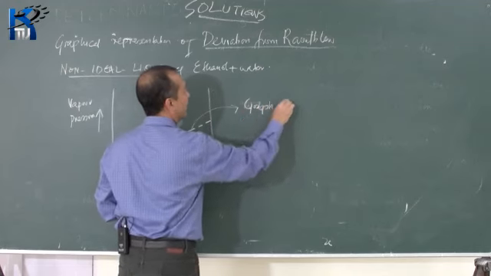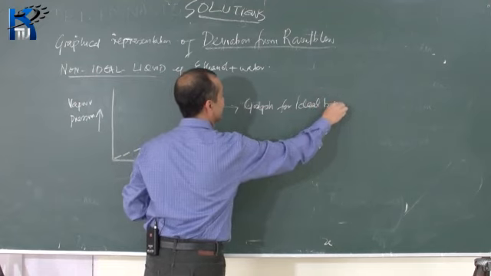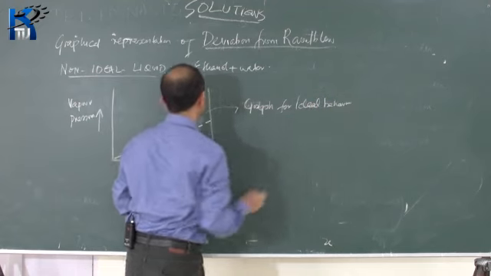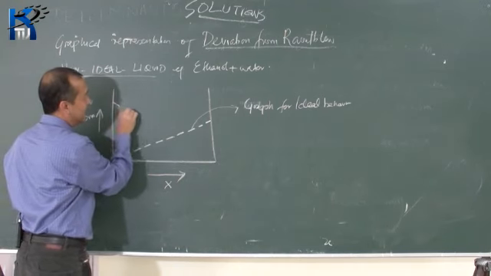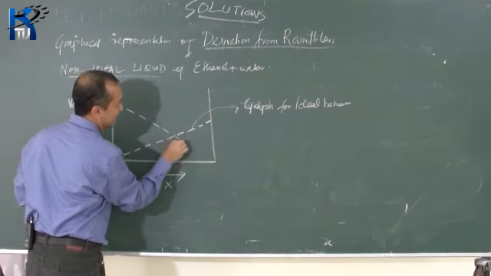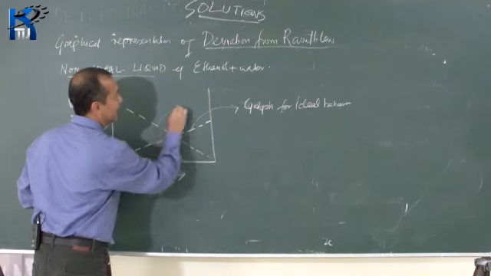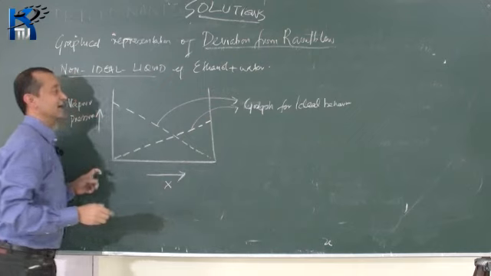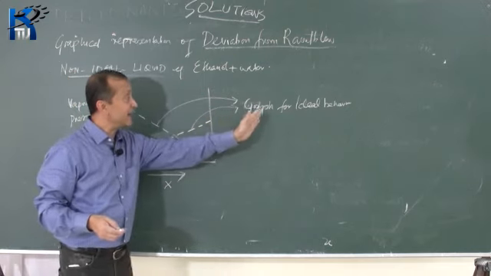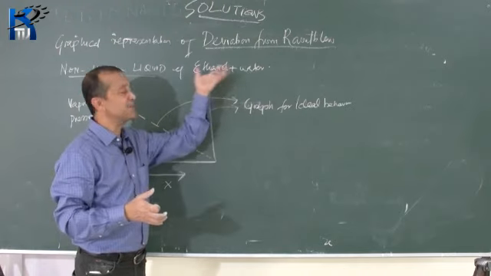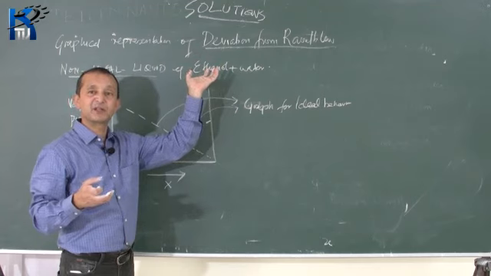This is the graph for ideal behavior, and this is the graph for ethyl alcohol if it behaved ideally. It can be ethanol or water, but this is the graph you would have got if this mixture was ideal, or obeyed Raoult's law.